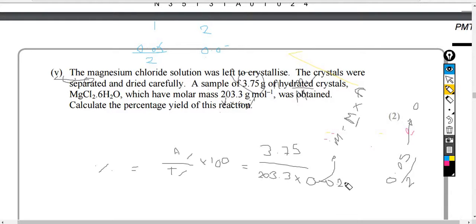Once you solve this calculation, you will get 3.75 over, I think it's 5.08, and finally you will get the answer as 74. That should be your answer for this question. That's the percentage yield of this reaction.